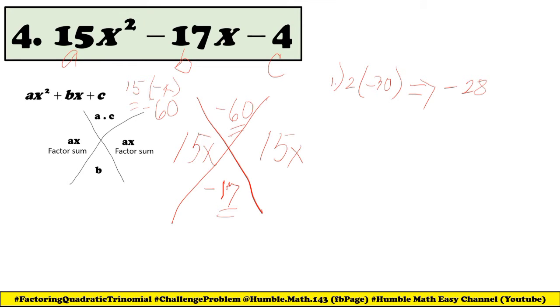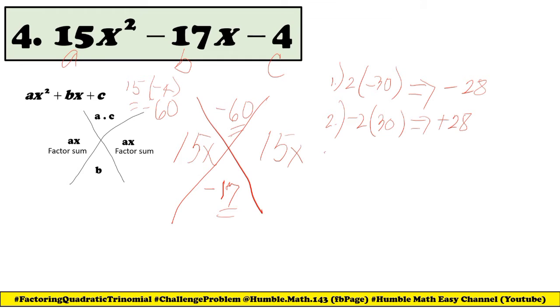Then the other one is negative 2 times 30, and the sum is positive 28. These could not be our possible factors, because the sums are 28 and negative 28.